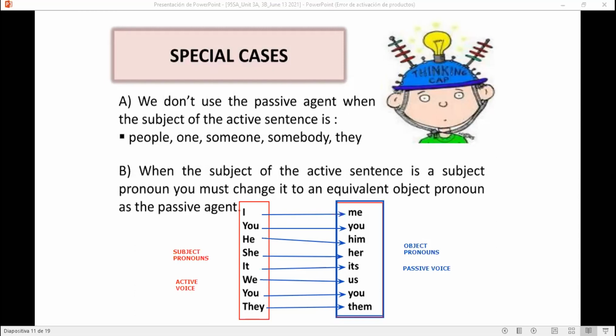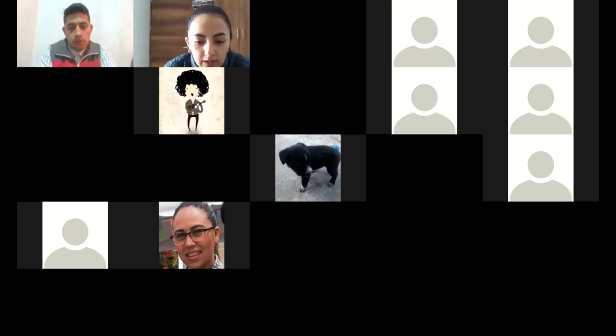Okay. Now, let's see if you got it clear. Vamos a ver si está entendido lo que les acabo de explicar. Yes, you're going to help me with the following sentences. Let me share with you again the screen. Okay, we're going to make these ones.